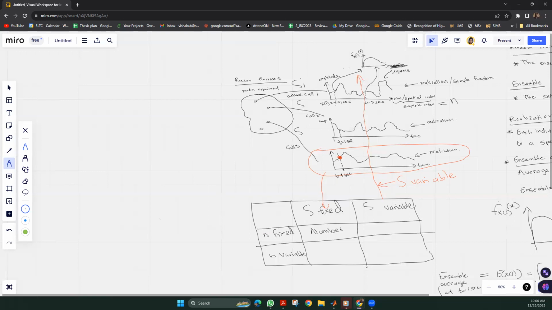If we keep the realization fixed and we are varying the sample indexes, what do we get? Do we get a point, or do we get a sequence of points?